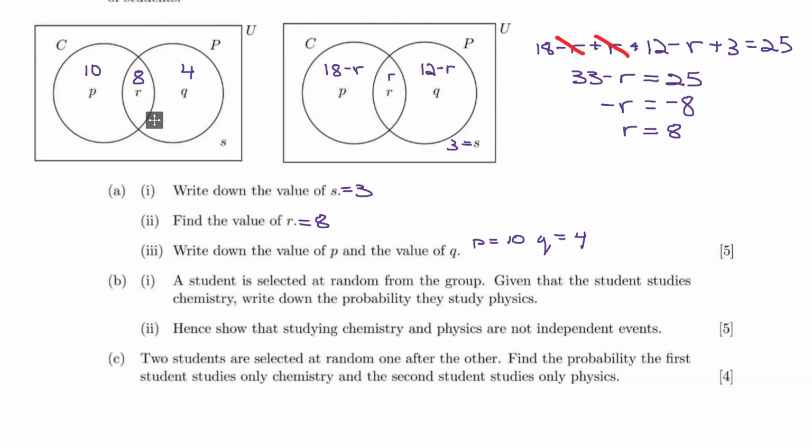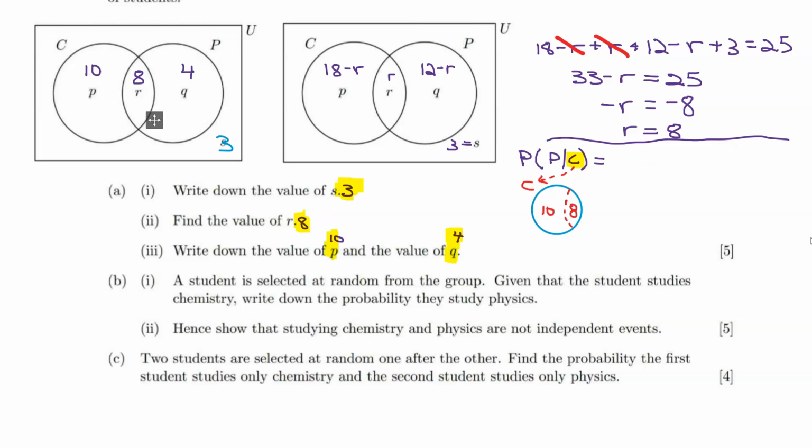So the way I'm going to write that out is: given the student studies chemistry, this would be the probability of P given C. What that says is that the student is a chemistry student. So we're going to take our Venn diagram, and the only thing we're going to look at is the chemistry portion of the Venn diagram.